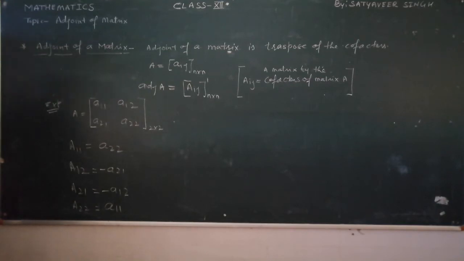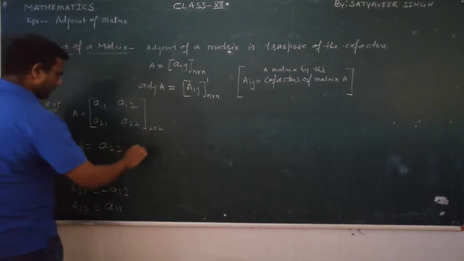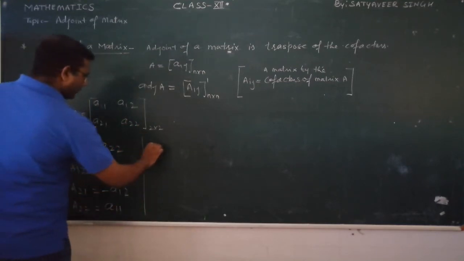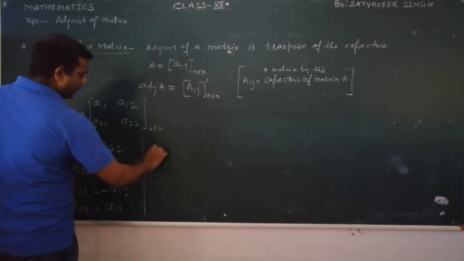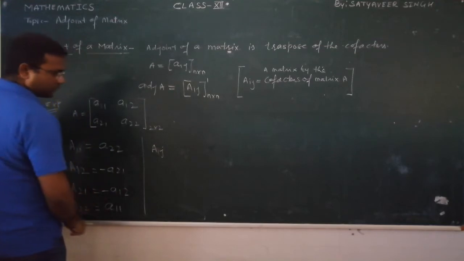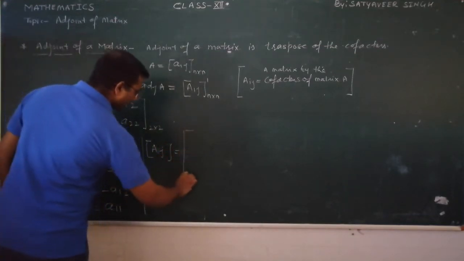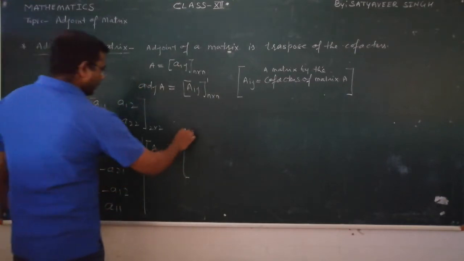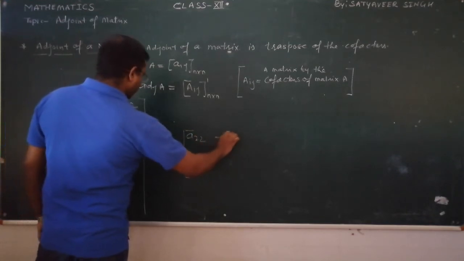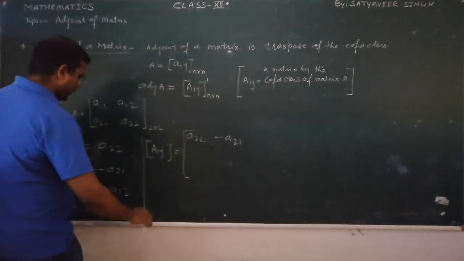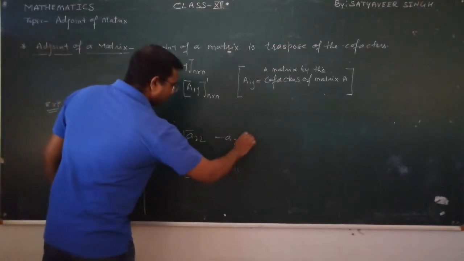So if you prepare a matrix of the cofactors, this is the matrix Aij, which is equal to A22, minus A21, minus A12 and A11.